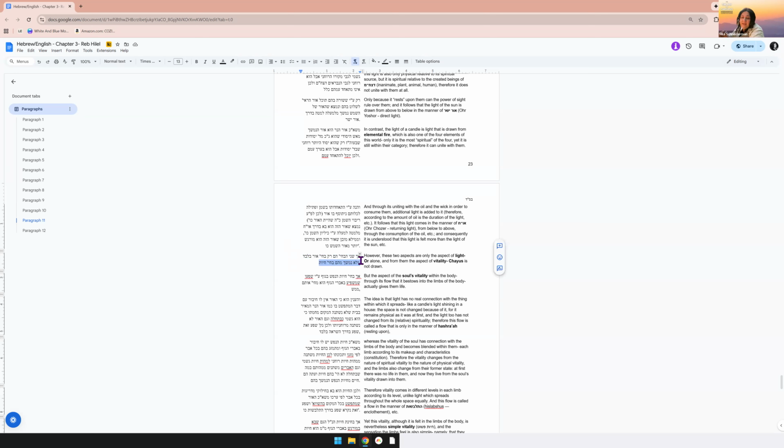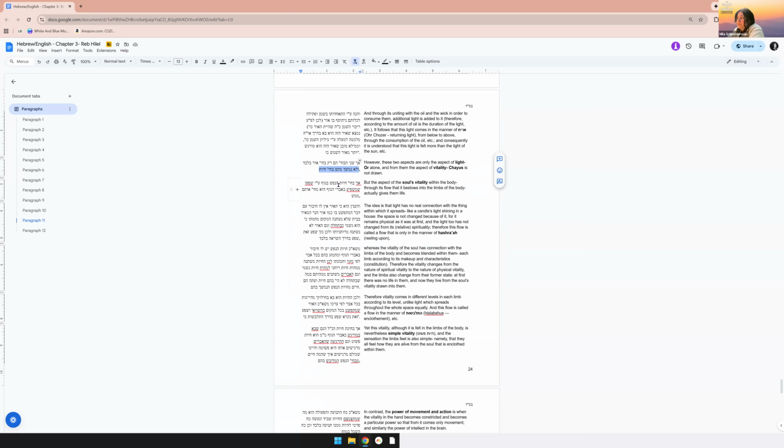Yeah, and then, but it mitachet, the only detail that it does, it unites with... So it: shnei bechinas hem rak bechinas or bilvad, v'lo nimshach mehem bechinas chayus. Right. So these two aspects, it's only in the way of light, meaning they illuminate, but they do not give chayus. Right. Then he goes to bechinas chayus hanefesh baguf al yidei shefa shemashpia b'ivrei haguf u'mechaye osam mamash. Right. But the soul's vitality actually enlivens them.